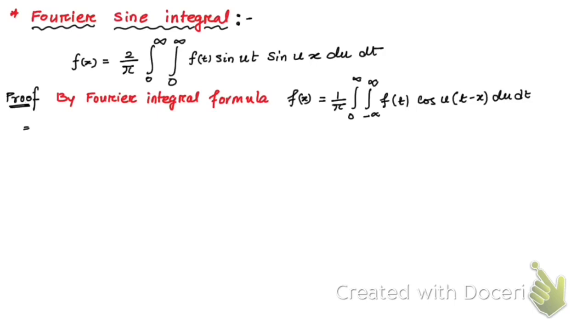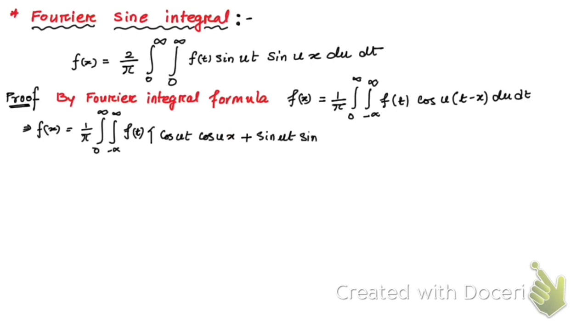So now let us expand cos u(t minus x) using the cos a minus b formula. Then what we're going to have? We can have cos ut cos ux plus sine ut sine ux, du dt.